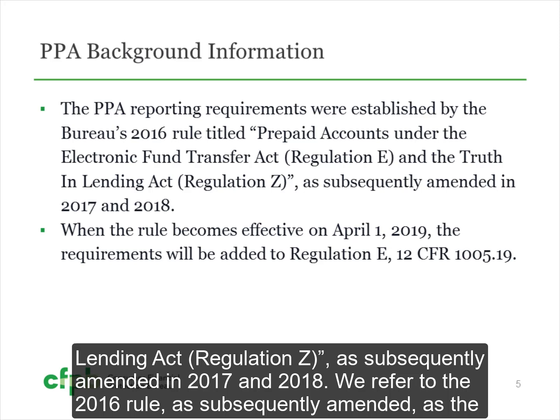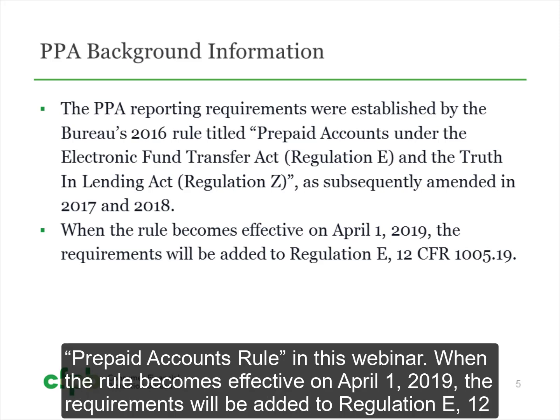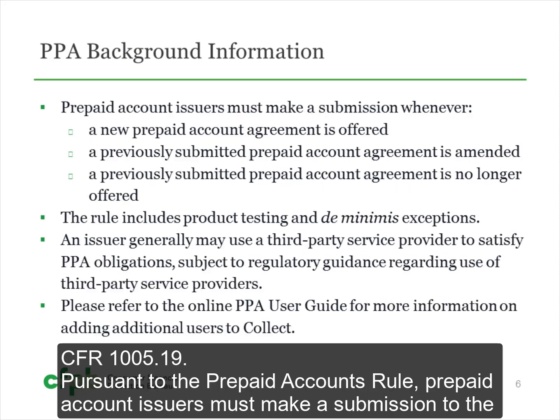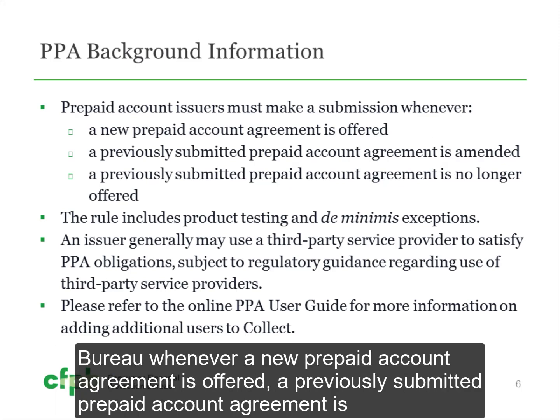We refer to the 2016 rule, as subsequently amended, as the Prepaid Accounts Rule in this webinar. When the rule becomes effective on April 1, 2019, the requirements will be added to Regulation E, 12 CFR 1005.19.